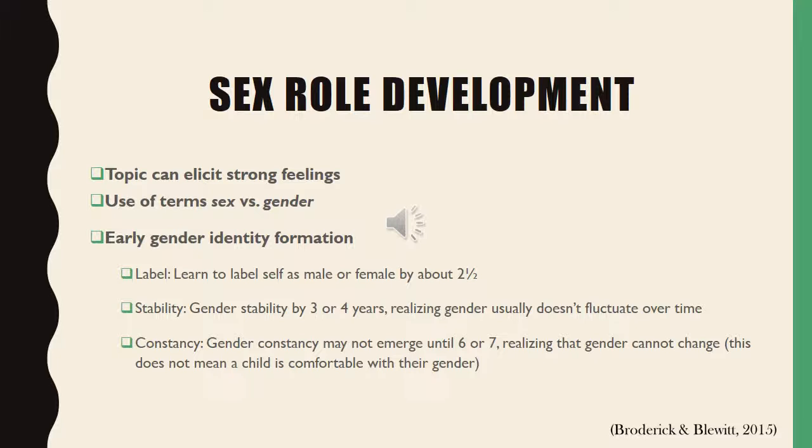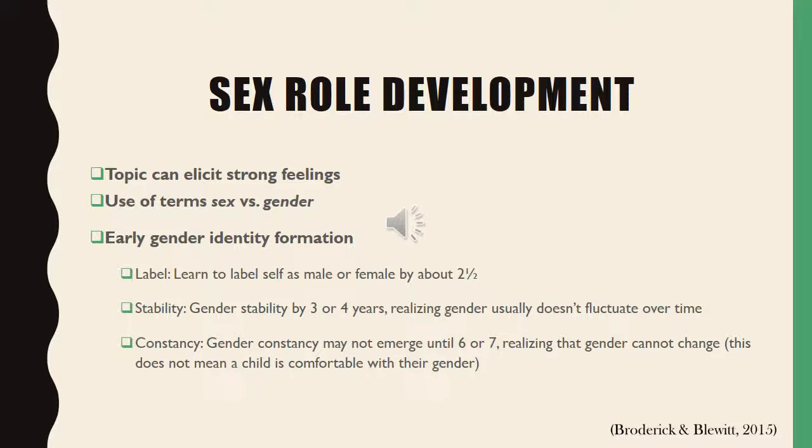As we move into understanding early gender identity formation, there's kind of 3 stages the book touches on. The first is that we can begin to label gender. So we learn to label ourselves as male or female, typically right around 2.5 years old.